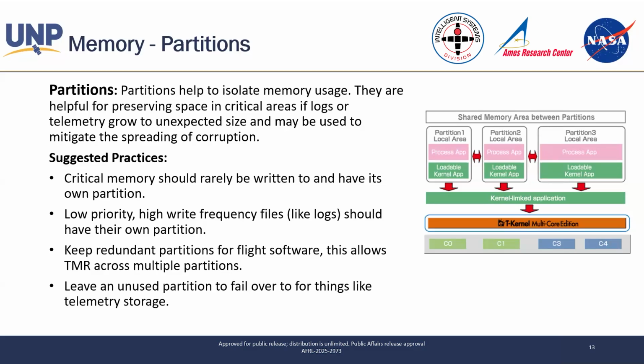This is another strategy where you may want to do TMR between different partitions, for example, before you boot into your operating system. What's nice about this is it's in different physical locations on the chip. So you're unlikely to have a single event upset or latch up in 2 particular places in the exact same part of memory at the exact same time. So you can correct it.